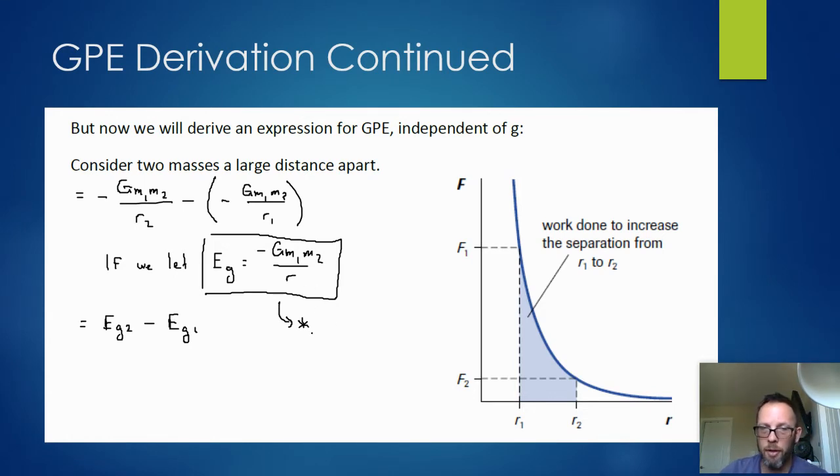This expression is equivalent to the work done moving mass 1 and mass 2 together from far away, r equals infinity. So we just have to unpack that a little bit.